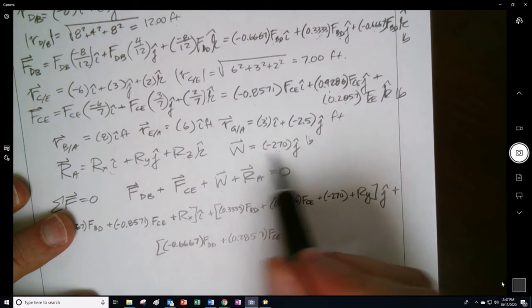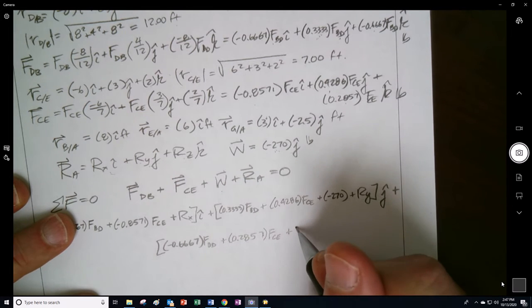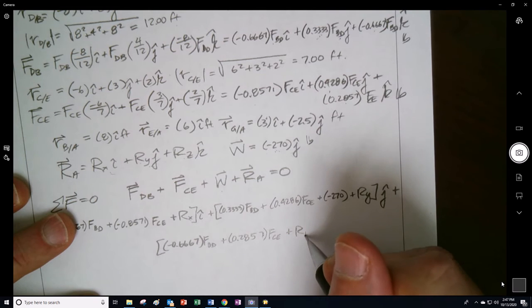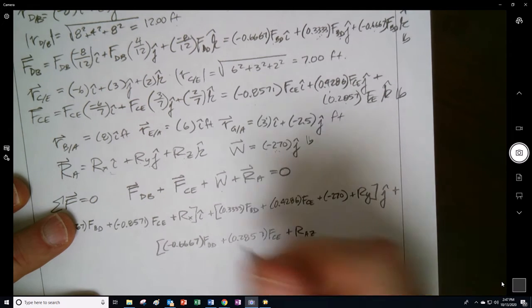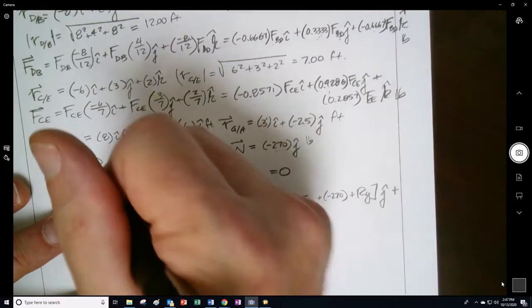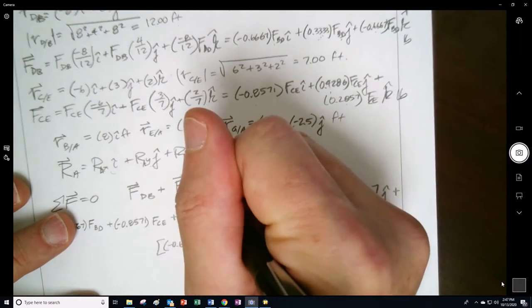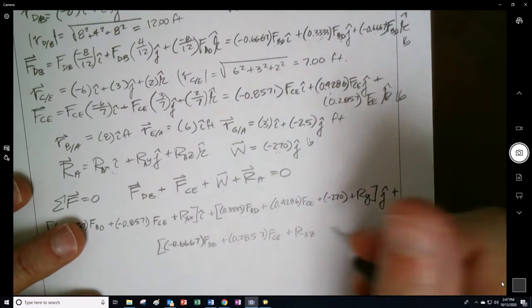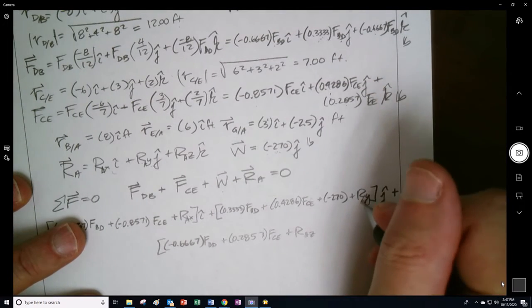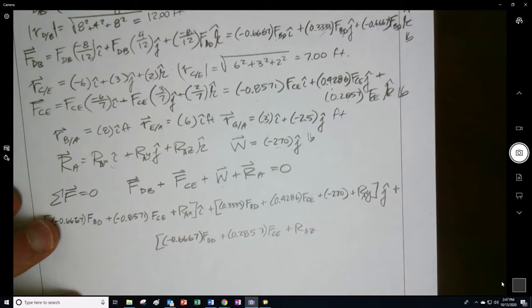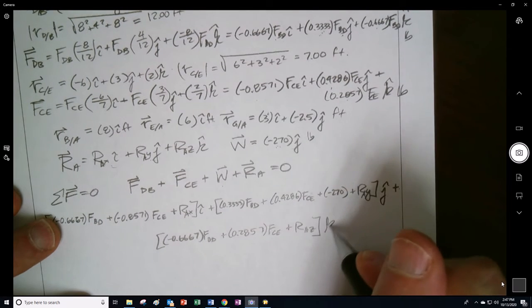Nothing in the W is in the k, and then we add in an RAz. It should have been RAz. These should have been A's everywhere here, if I was going to be consistent. RAy, RAz. Okay, and that's k.